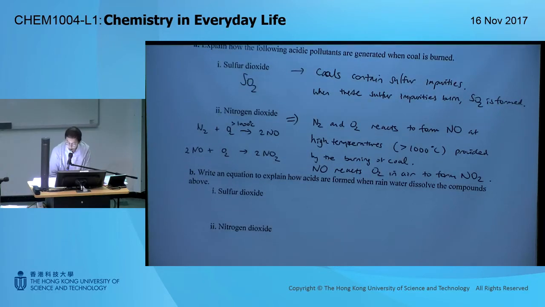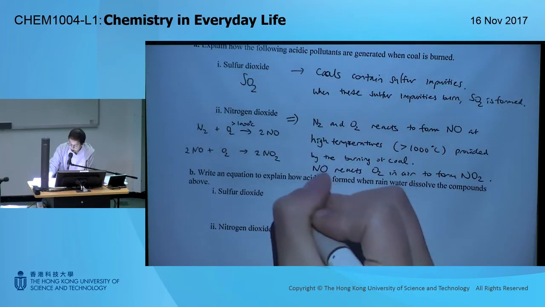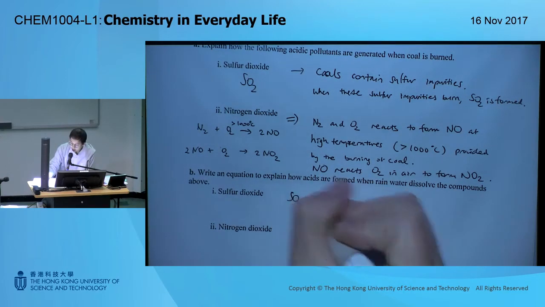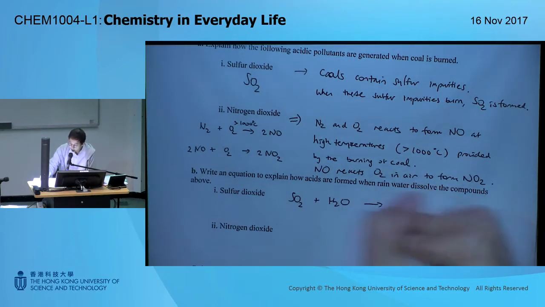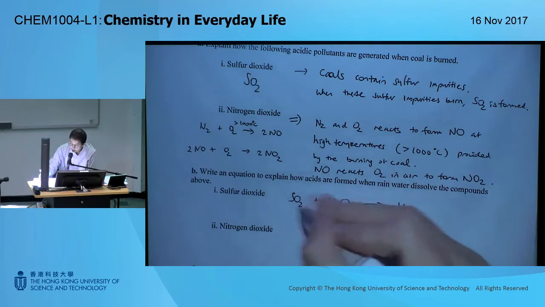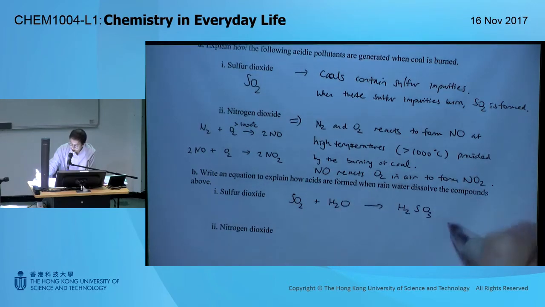Next question, you have to write some equations to explain how acids are formed when these two gases dissolve in water. So these are equations that you can find in the notes, but it's also easy to work out the answers. So there's reaction with water. Sulfur dioxide reacts with water, and you just add up the atoms to get H2SO3. And this is called sulfurous acid.